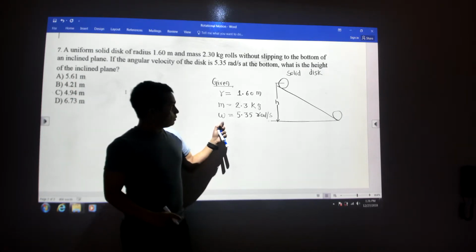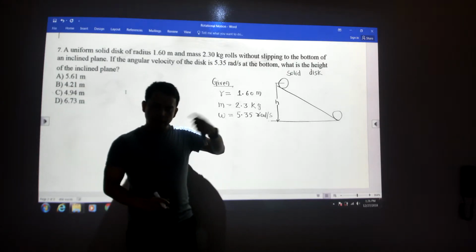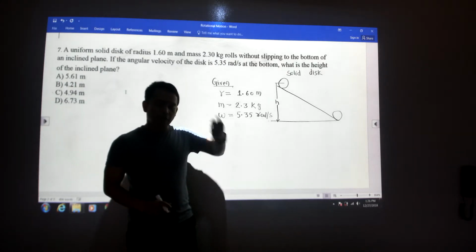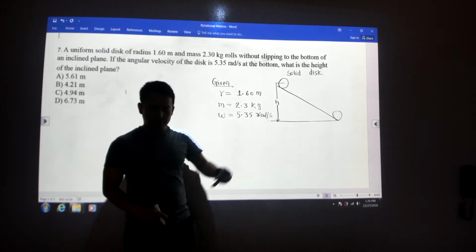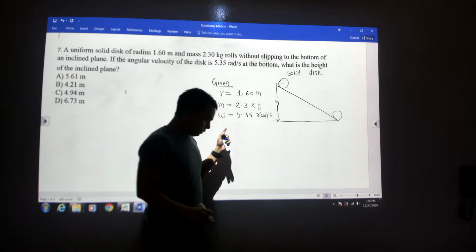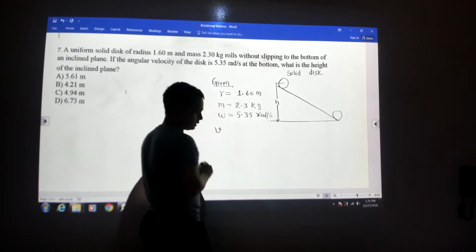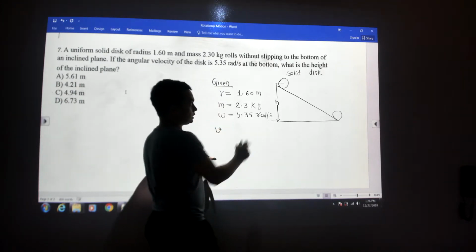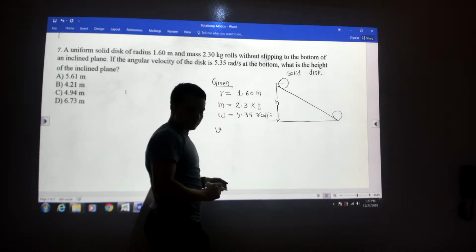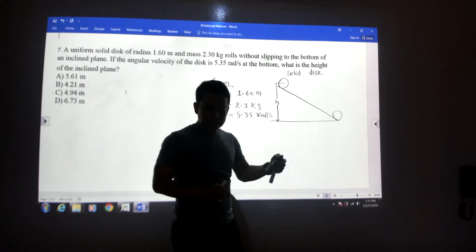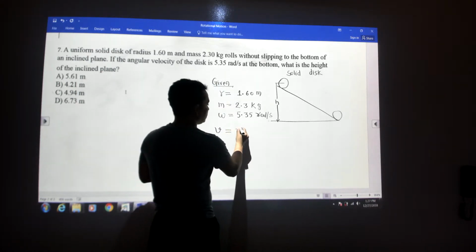And once you know the angular velocity, it gives you how fast it is moving about an axis. And once you know this angular velocity, you can calculate its linear velocity. The linear velocity is the velocity at any point, the tangential velocity. So the velocity is given by r omega.